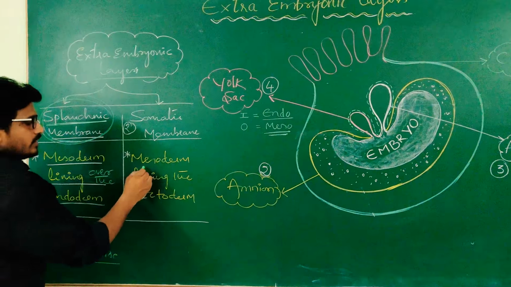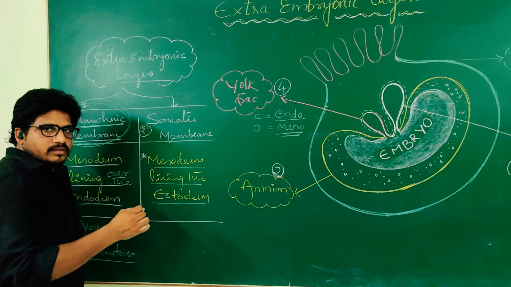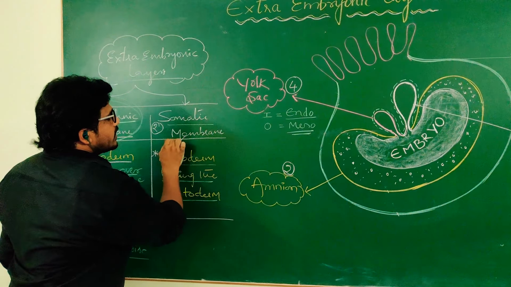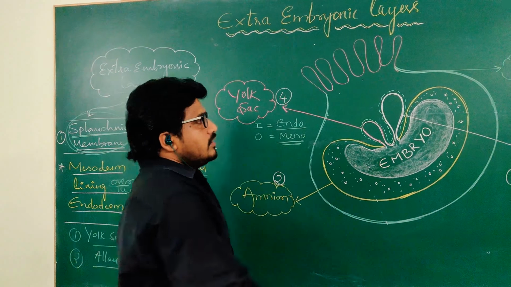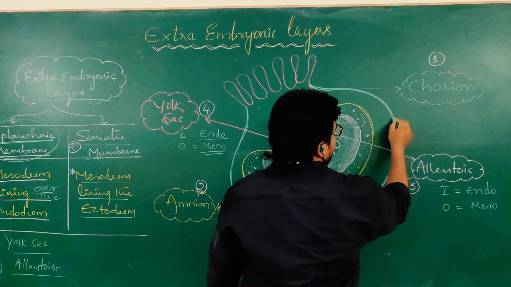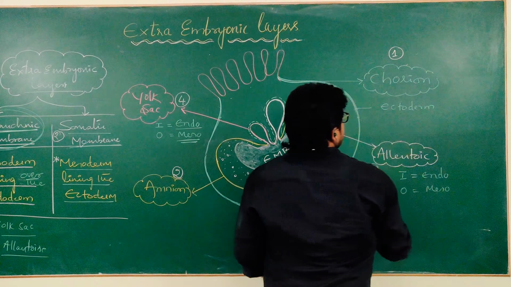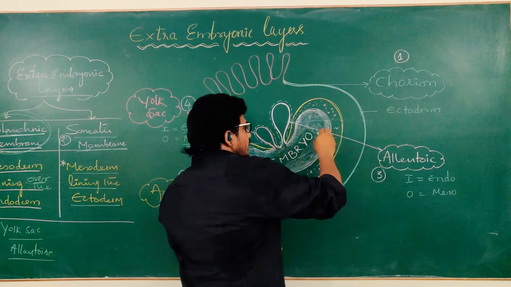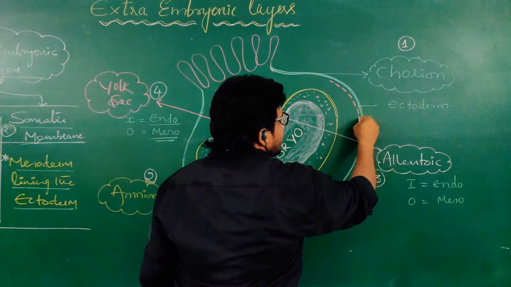On the other hand, if mesoderm is lining the ectoderm, then this is called somatic mesodermal extra embryonic membrane. Chorion. Chorion is ectoderm. This ectoderm is overlining or underlining?